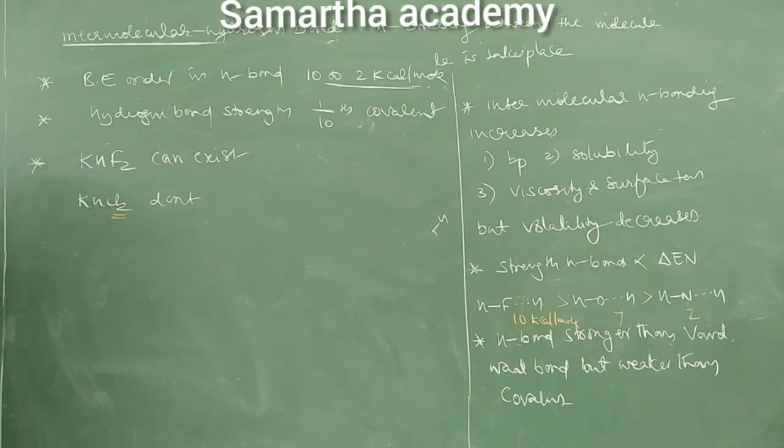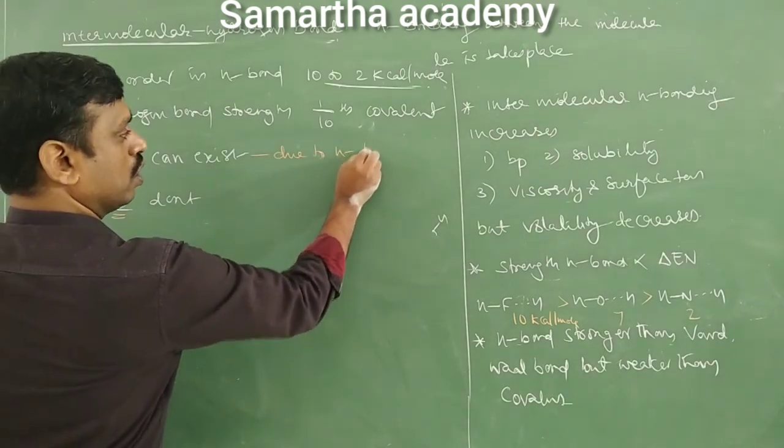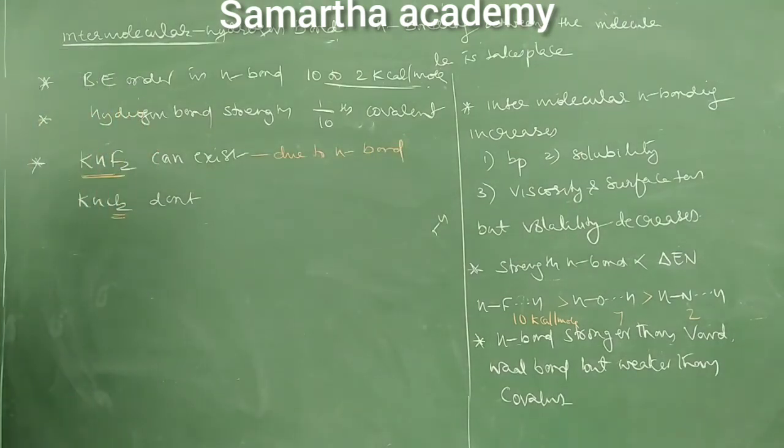Due to formation of hydrogen bond, KHF2 can exist due to H bond. So KHCl2 does not exist because KHCl2 cannot form hydrogen bond.